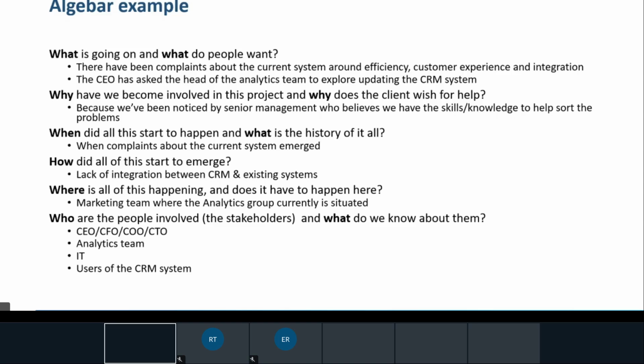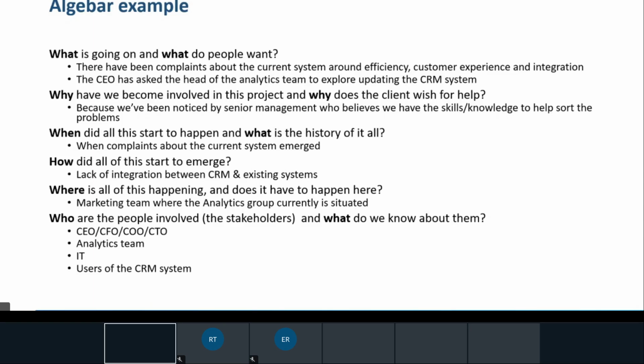When did this start? Where's it emerging from? The complaints have started it, and it's been realised that these complaints are centering upon lack of integration. Where is it happening? Okay, so it's happening in the marketing team. I think we'll learn a little bit more about that in the next example. Who are the people involved and what do we know about them?